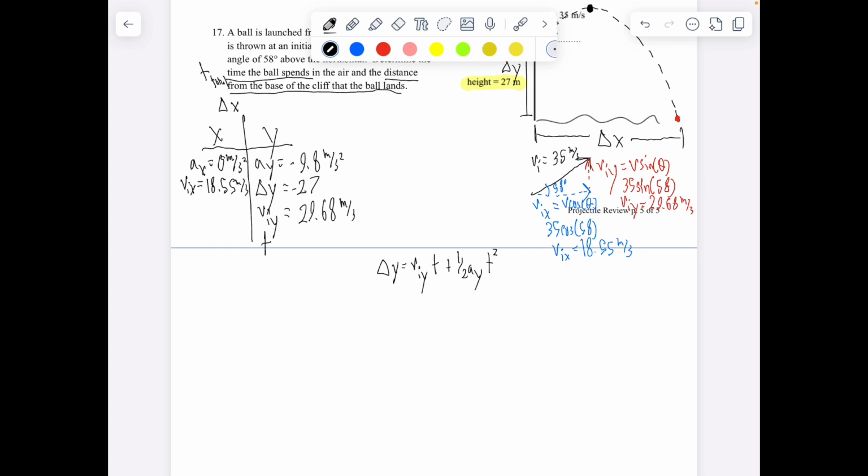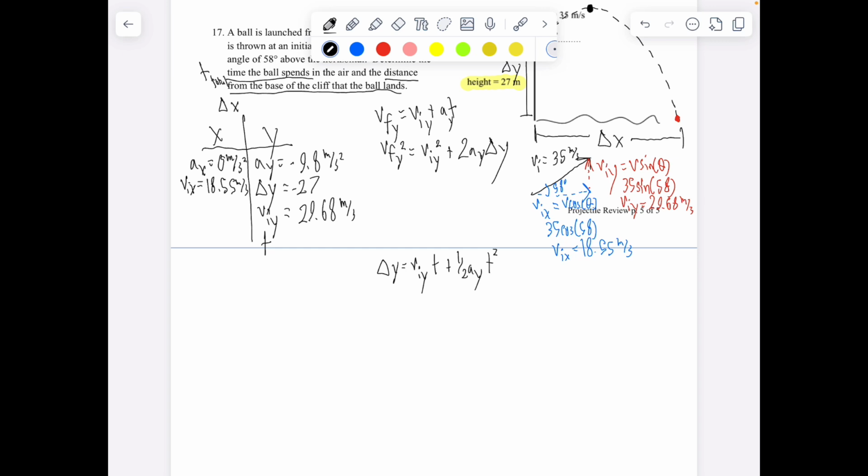So another option, if we're looking at all our equations: final velocity is equal to our initial velocity plus the acceleration times time. These are all in the y direction. Final velocity squared is equal to our initial velocity squared plus 2 a y delta y. The one thing we're really missing is that final velocity. If we find our final velocity, it makes it easier to solve for time.